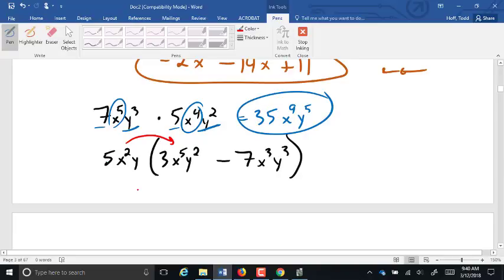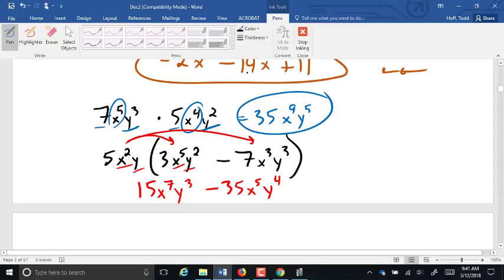Multiply the counts, 5 times 3, 15. Then each name, x squared times x to the 5th, x to the 7th, y times y squared, y to the 3rd. 5x squared y times the negative 7x to the 3rd y to the 3rd. Well, 5 times negative 7, negative 35, x squared times x to the 3rd, x to the 5th, and y times y to the 3rd, y to the 4th. Good.